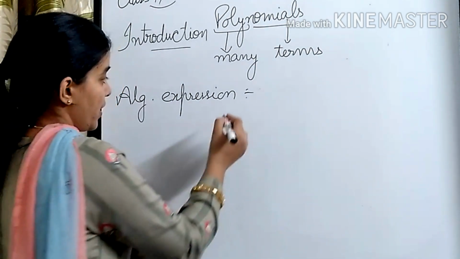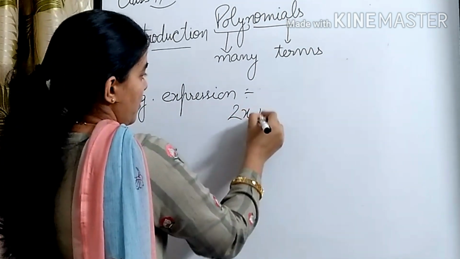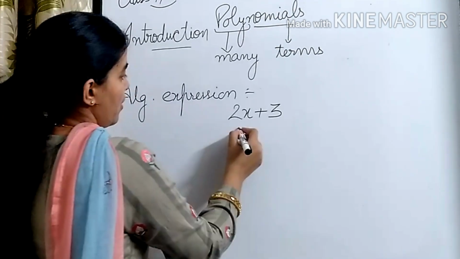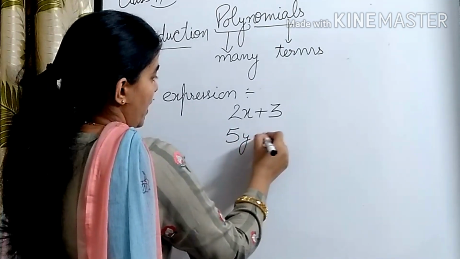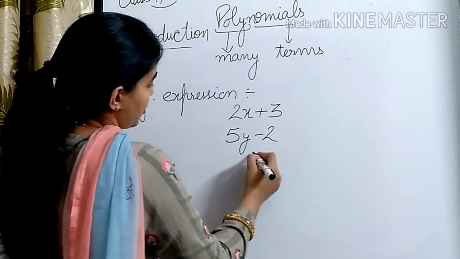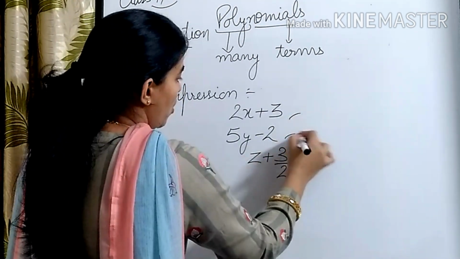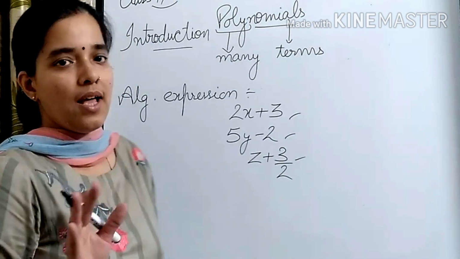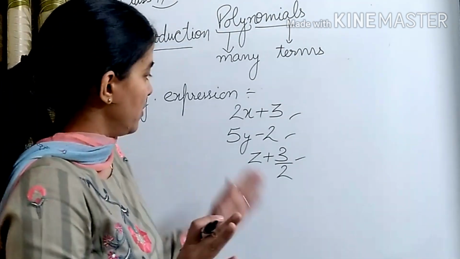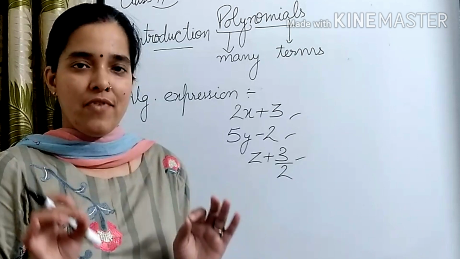Like we can have 2x plus 3 or 5y minus 2, or it could be z plus 3 by 2. So these all are nothing but algebraic expressions where there are constants and variables.